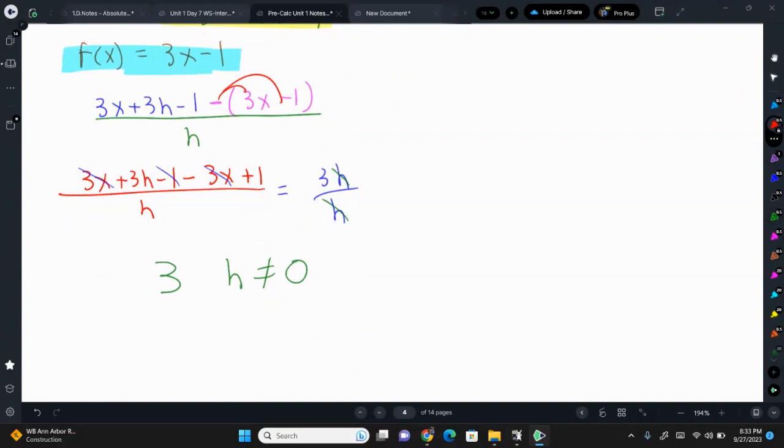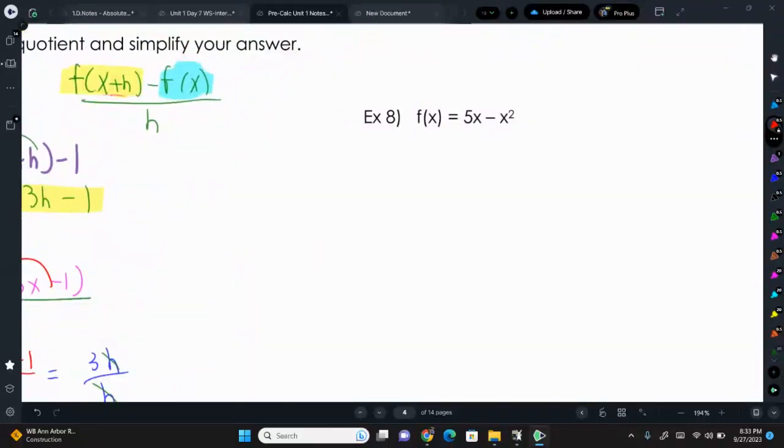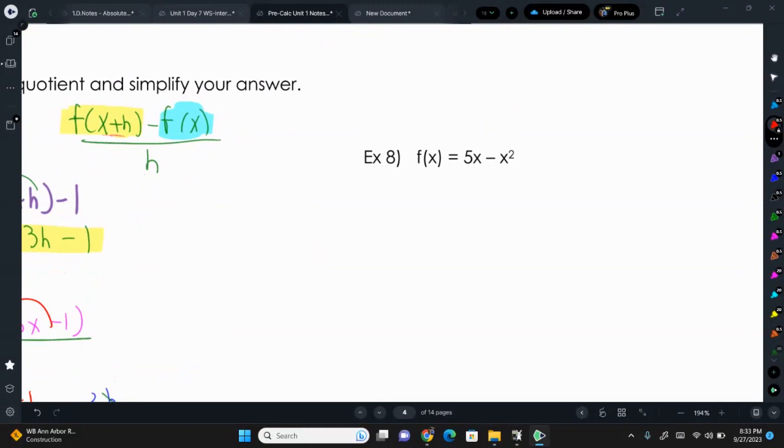So letter B is a bit more complicated because one, we have two x's and one of them is squared. So let's first start off with f of x plus h means that anytime I see an x, I'm going to replace it with x plus h. So 5 times x plus h minus x plus h squared.